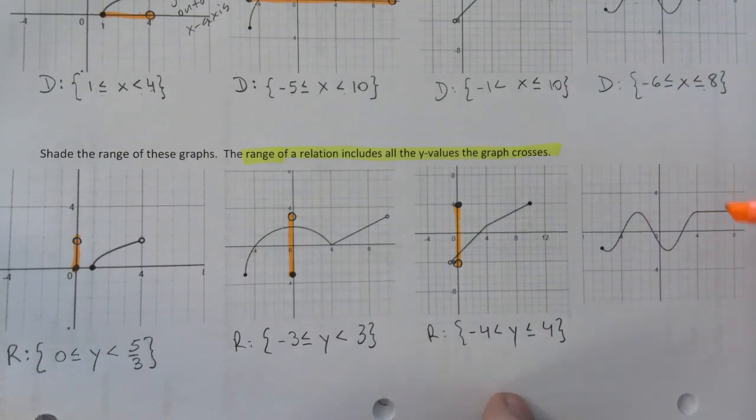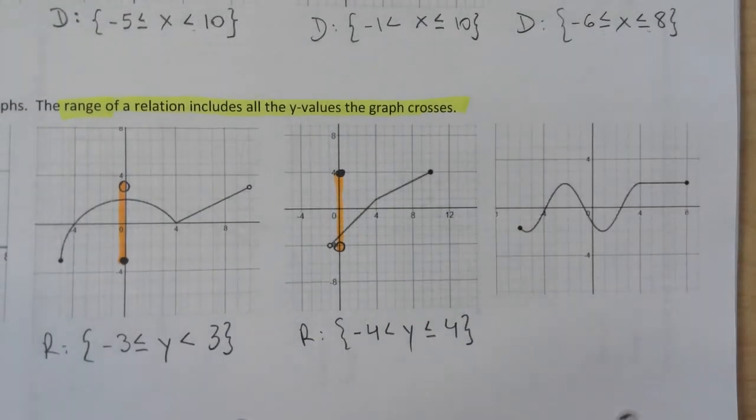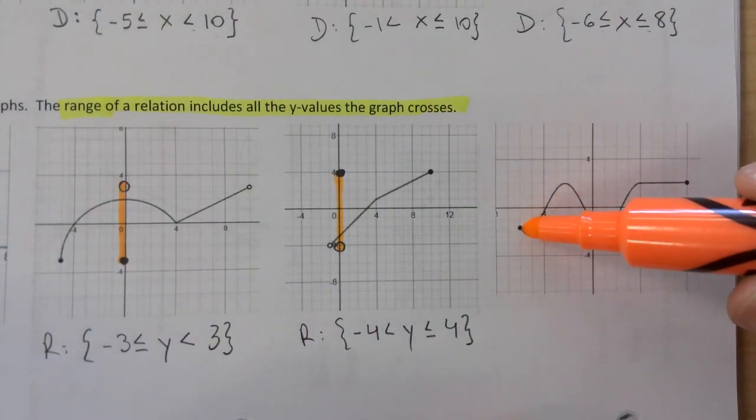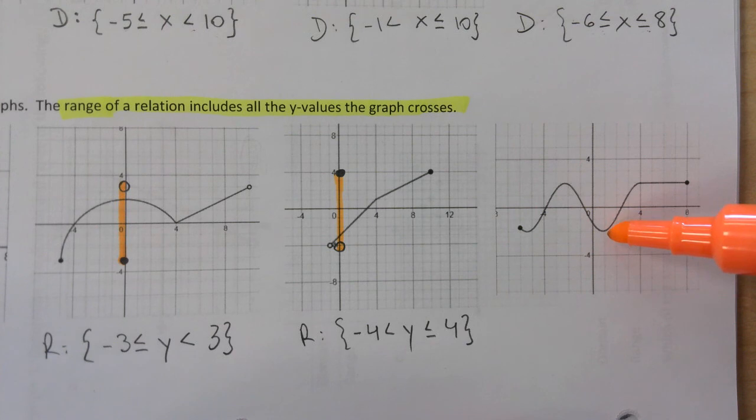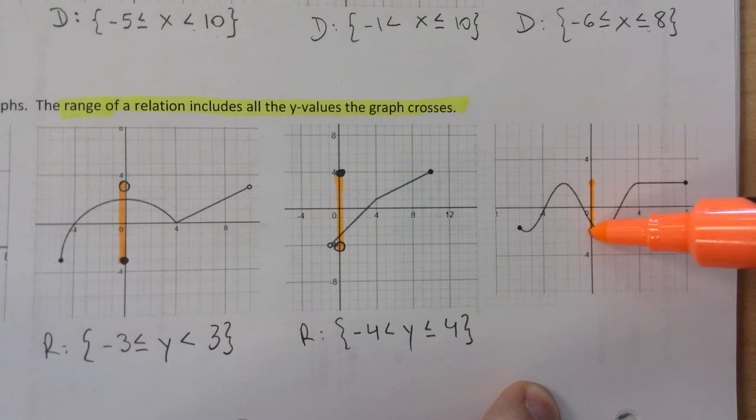Here, I'm always starting at the bottom. So this one is important. This one can throw you off. I'm going to zoom in. You notice that this point is a little higher than the lowest point here, right? You've got to include everything. So we're going to go from here all the way to the top, which is right there.